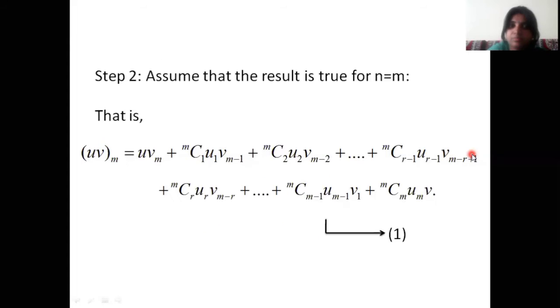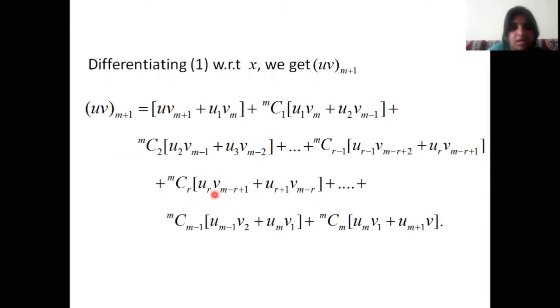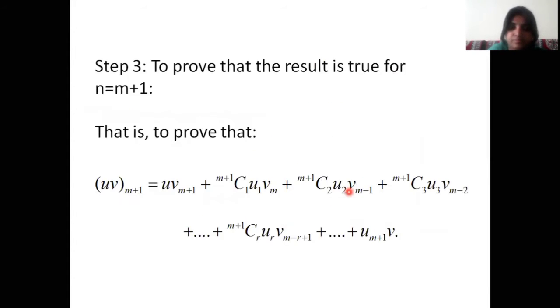Similarly, the next term, I'm keeping this constant outside the bracket and differentiating this using the product rule once again. So it is u^r v^(m-r+1) plus u^(r+1) v^(m-r). So the same thing I have written here: u^r v^(m-r+1) plus u^(r+1) v^(m-r) plus so on.